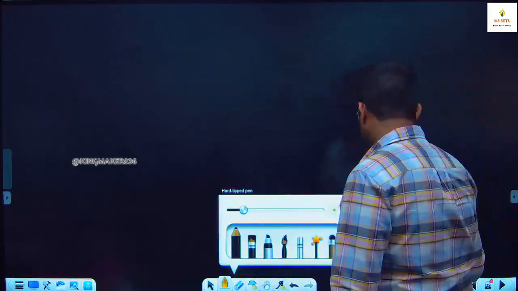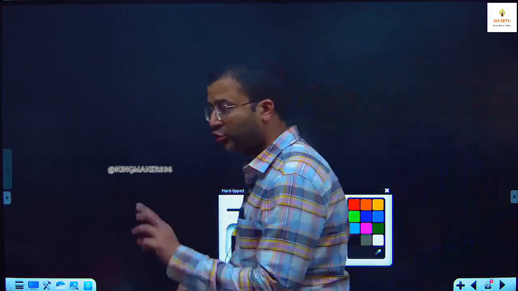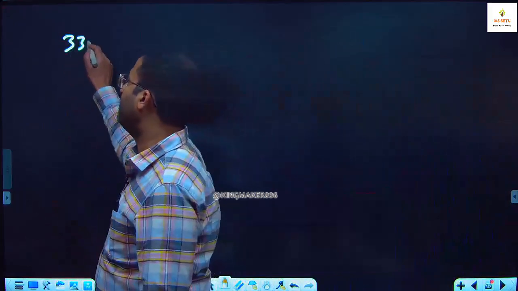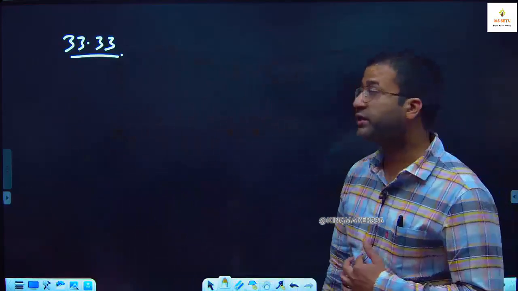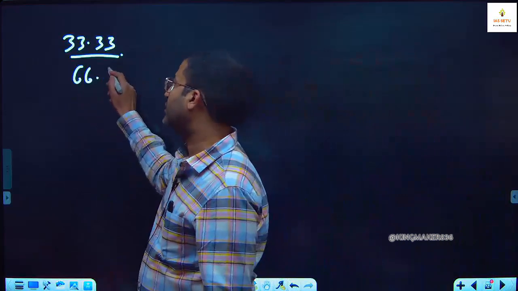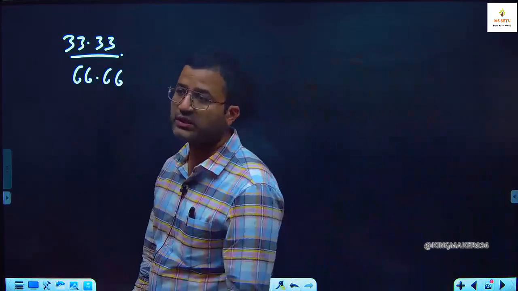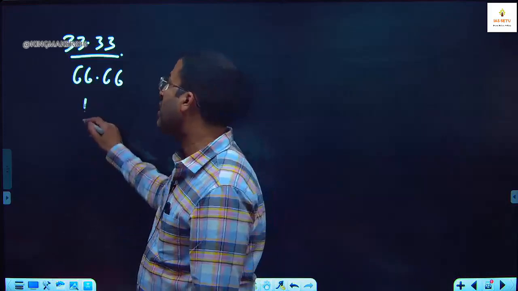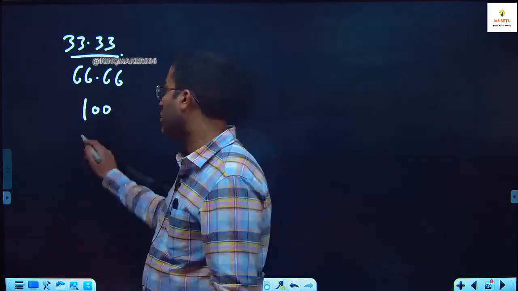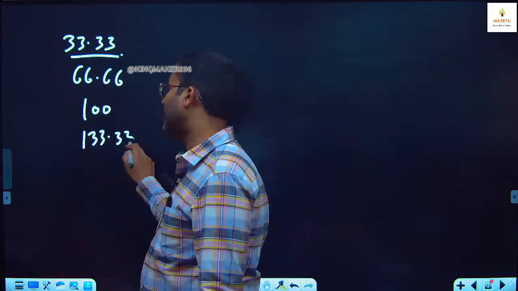Now next is, let me take two more examples. Now here you should be comfortable with multiple of 33.33. इसके भी मल्टीपल याद रखने हैं आपको. 33.33 वन जा 33.33, 33.33 टू जा 66.66, 33.33 जा 100. 33.33 multiply with 4, 133.33.